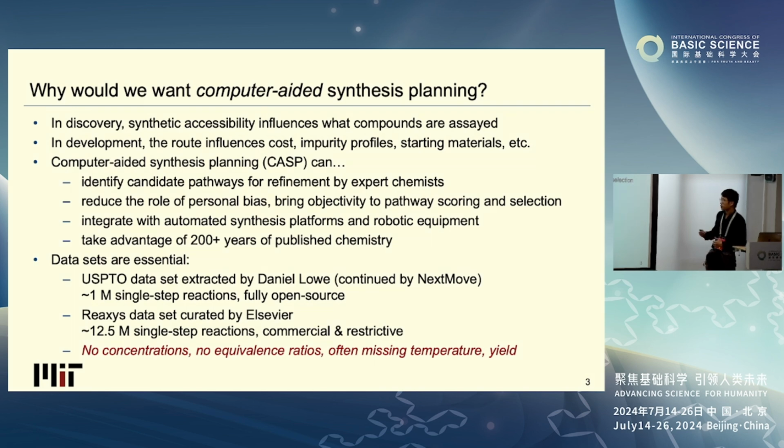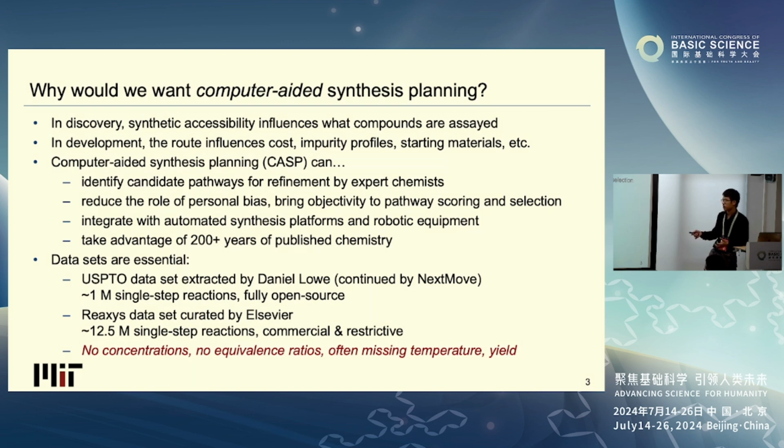So to be able to do this, it's essential to have datasets. Luckily, over the years, people have been accumulating data in chemistry and constructed some large chemical reaction databases. Some well-known examples are the USPTO dataset extracted by Daniel Lowe that has about 1 million reactions and is fully open source.